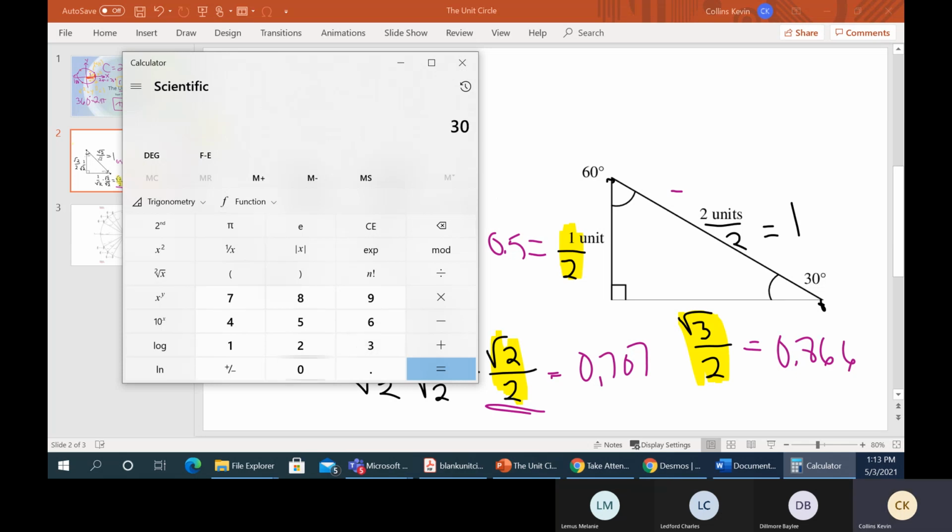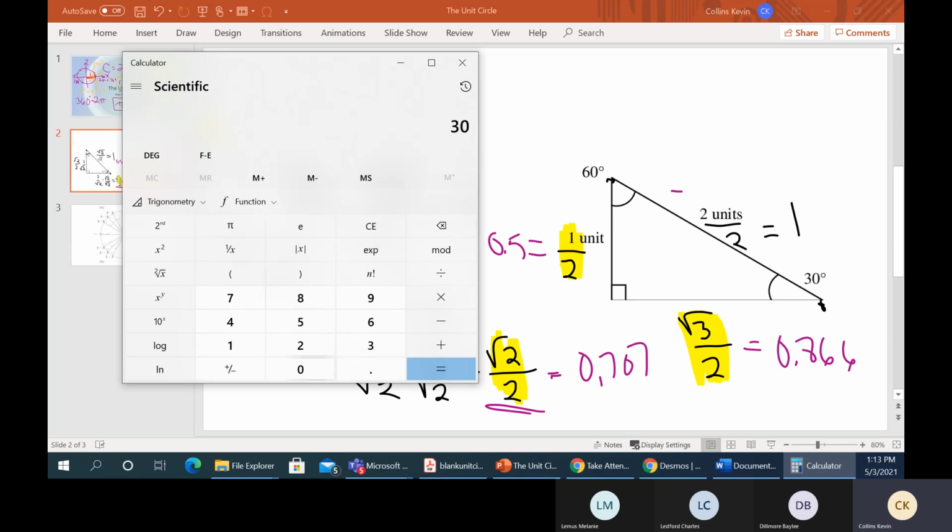All right, so let's talk about the 30s and the 60s here. So 30. Let's take the sine of that guy. So we go sine. That's 0.5, right? 0.5 is 1/2, right there, right next to the calculator. All right, so then let's do cosine of 30.